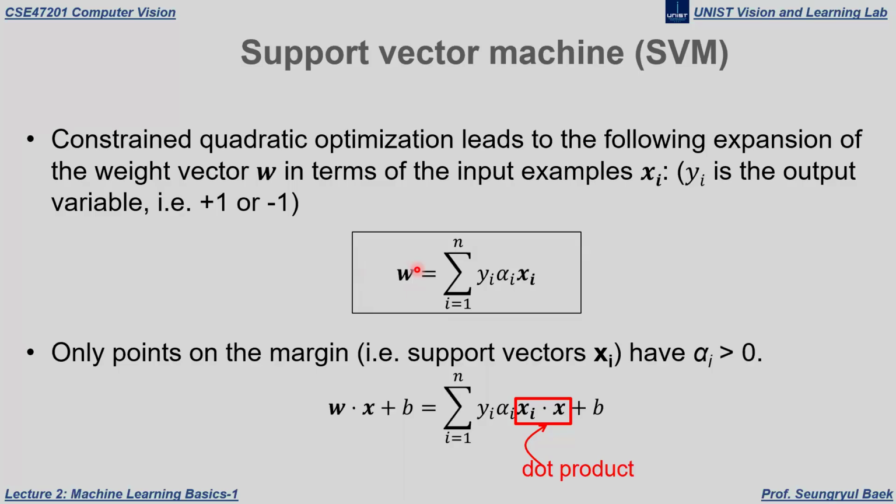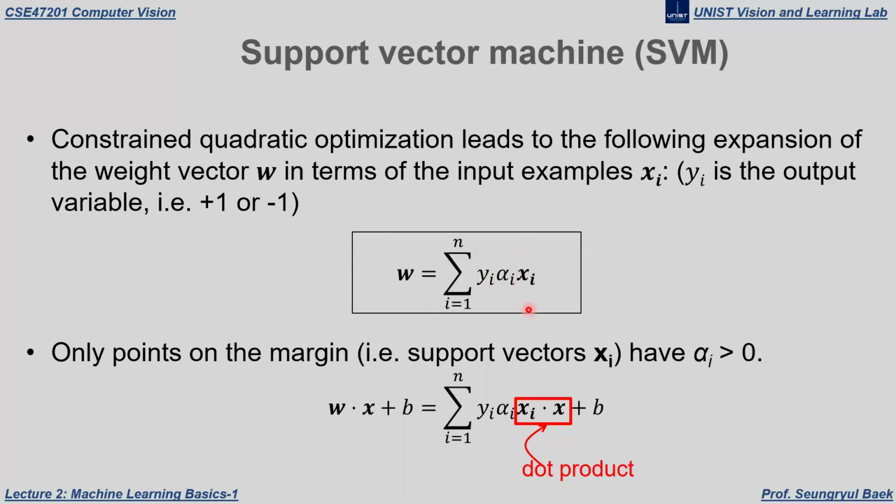Instead of doing optimization, you can actually calculate the W using the samples' labels yi, some alpha value, and the xi, which is the input, okay? Input x and yi, and some alpha value, which is positive, okay?